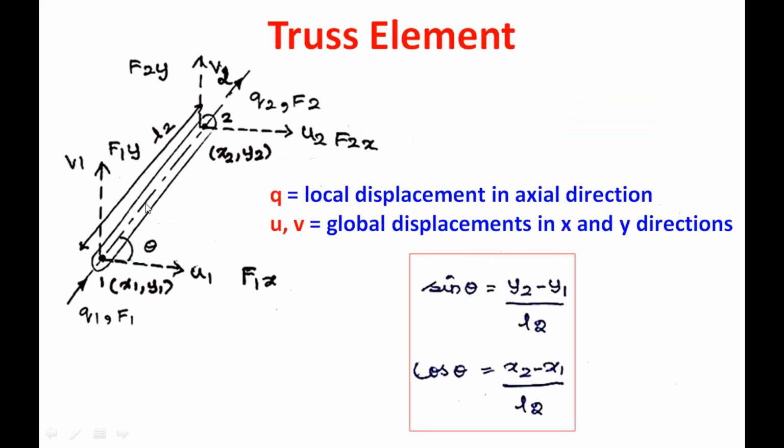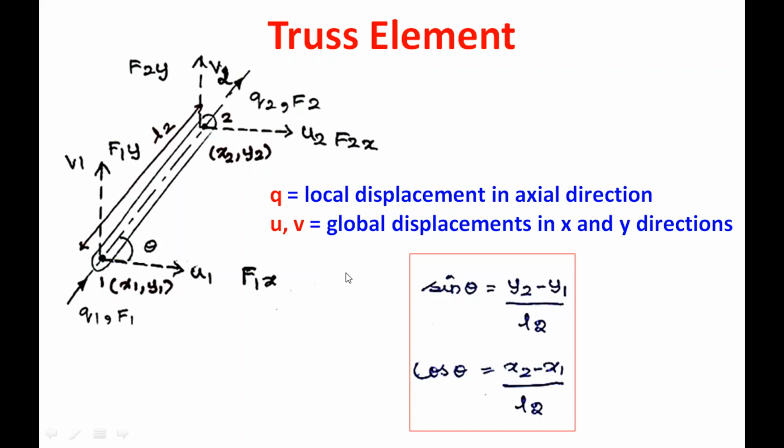Again the same truss element is shown here. Here q is the local displacement in axial direction, u and v are global displacements in x and y direction. To proceed further, we have to define these sine and cosine terms. Sine theta, based on the construction, is equal to opposite side divided by hypotenuse.